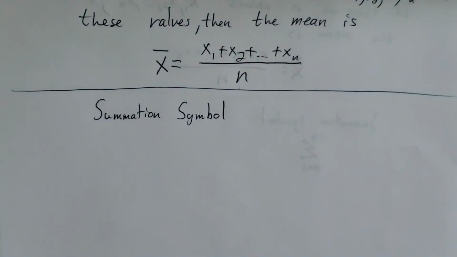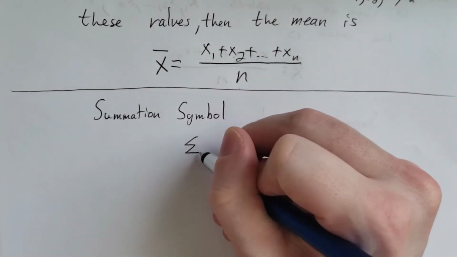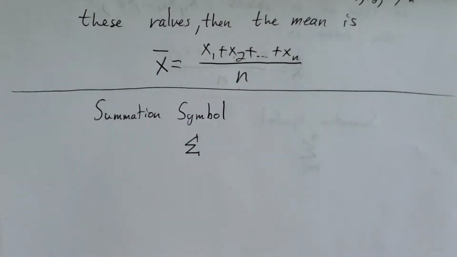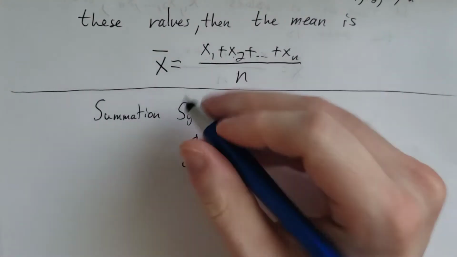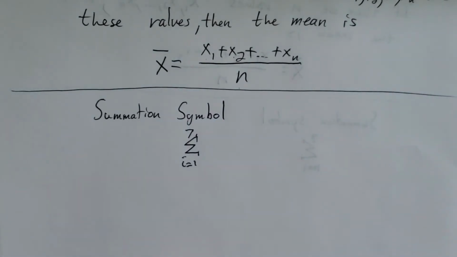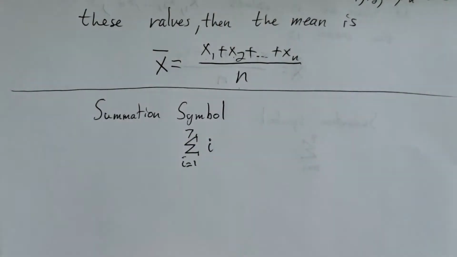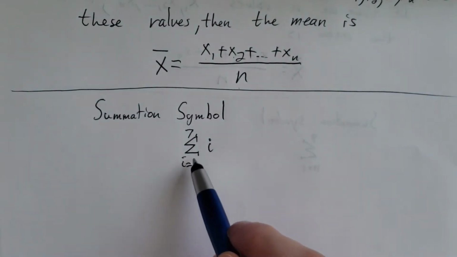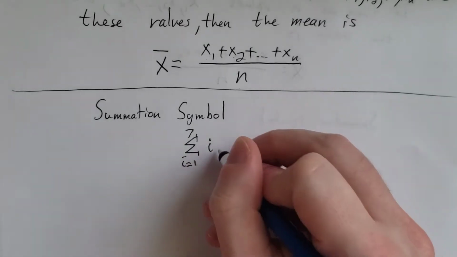So our summation symbol is a capital Greek sigma, and if I write i equals 1 down here up to, let's say, 7 up at the top, this means we take the sum of i as i ranges from 1 to 7.